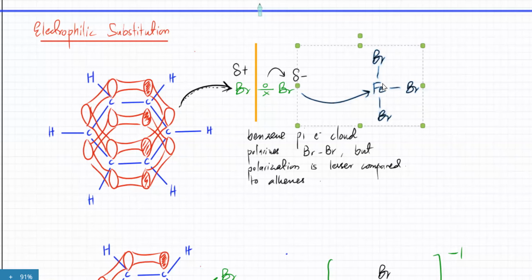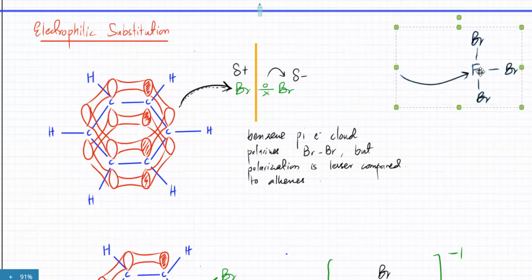So what happened was, forget the FeBr3 at the moment. Forget this as well. The first thing that would happen is that the bromine molecule, because of the lots of electrons over here, the electrons would be repelled. So this electron over here will get pushed further away. But the repulsion would not be that strong because remember, the benzene pi electron cloud polarizes bromine, but the polarization is lesser compared to alkenes.